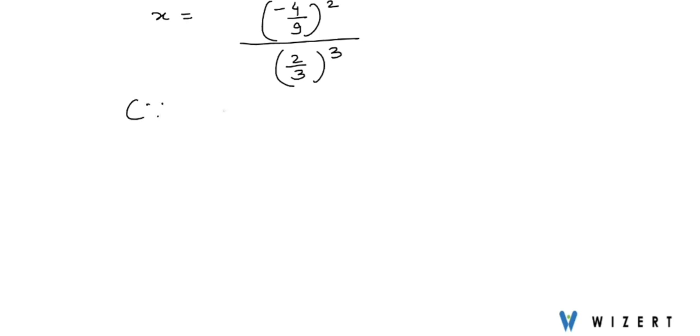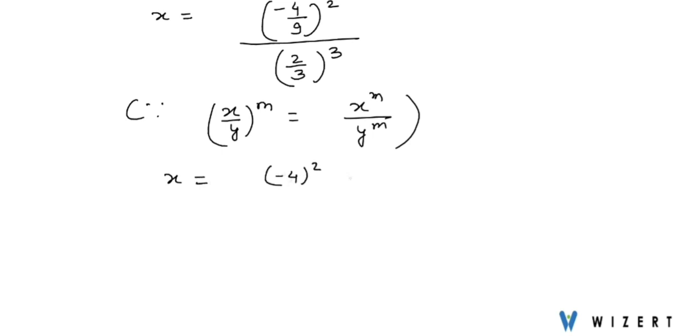Now, since we know x by y to the power m can be written as x to the power m divided by y to the power m, let's split the power in the numerator and denominator. So it will be equal to minus 4 to the power 2 divided by 9, which will come in the denominator, to the power 2, multiplied by 2 to the power 3, and 3 will come in the numerator, so 3 to the power 3.